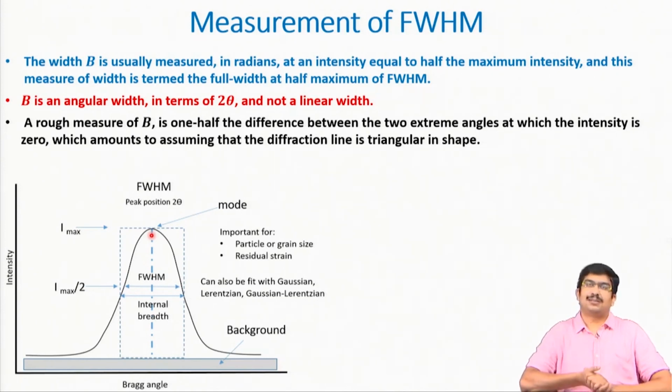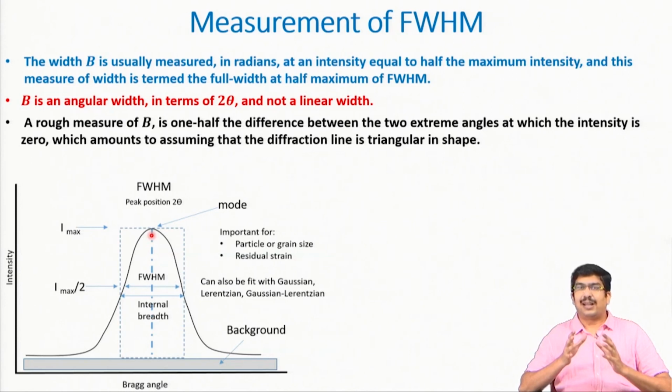Just one example: you can understand the type of dislocations present, or the dislocation density within the material. Sometimes people even try to understand the type of dislocation, whether it is edge dislocation or screw dislocation, and what the relative proportion is. All of these things you can try to understand just by fitting this curve with different kinds of functions, and then understanding the various sources which are causing this broadening, and which help you to fit these curves.